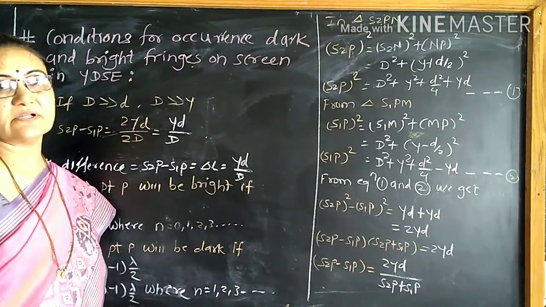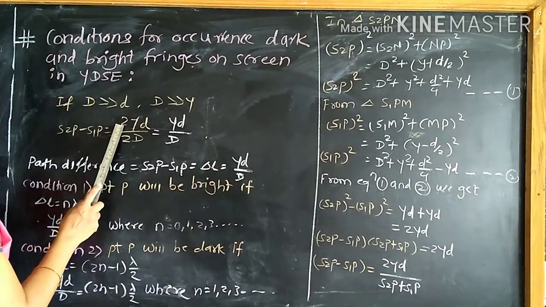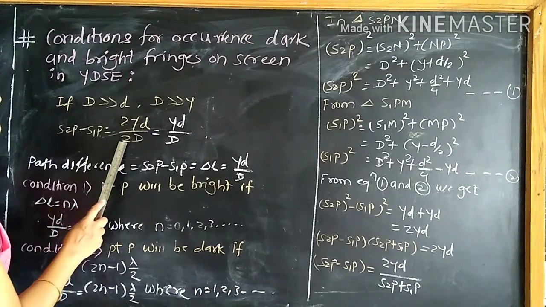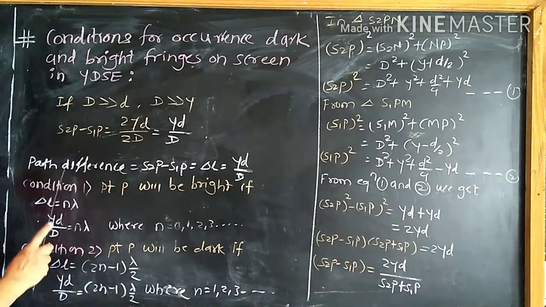It is exactly equal to capital D. Therefore, this equation tends to S2P minus S1P is equal to 2yd divided by 2D. This gets cancelled out, yd by D.